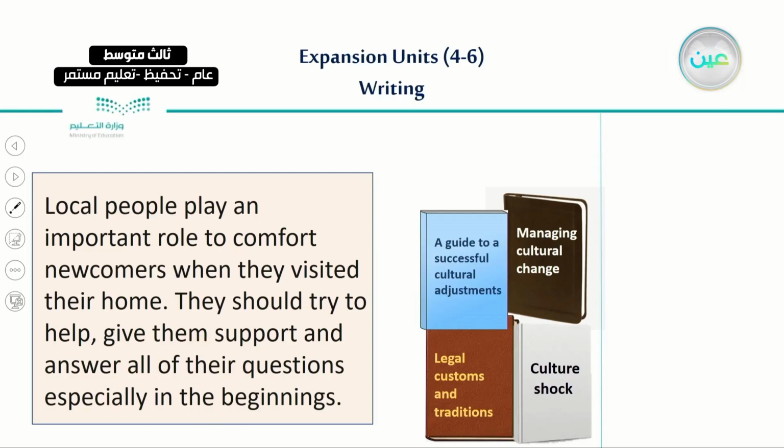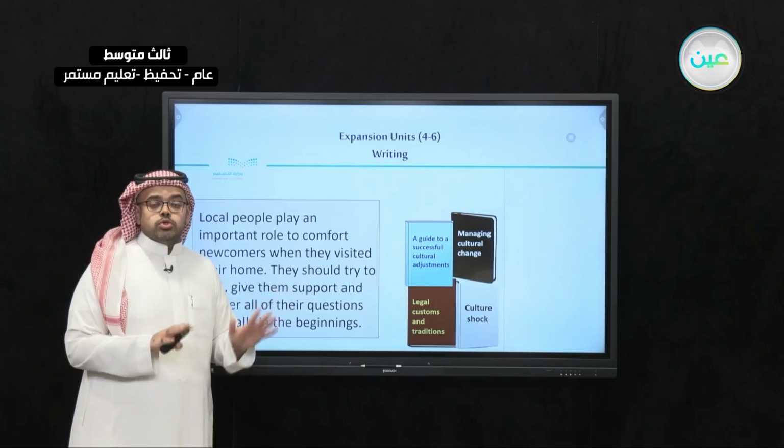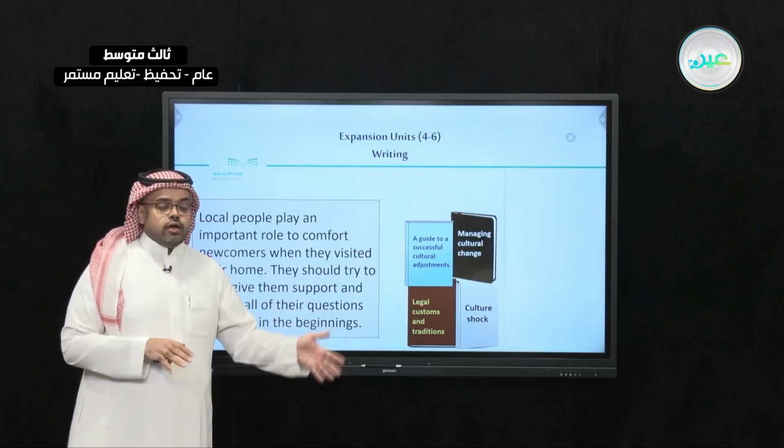We have learned that local people should try to help and give support to newcomers, especially in the beginning, which is a very critical time, and answer all of their questions. I think this is an important role that local people should play when they host newcomers.